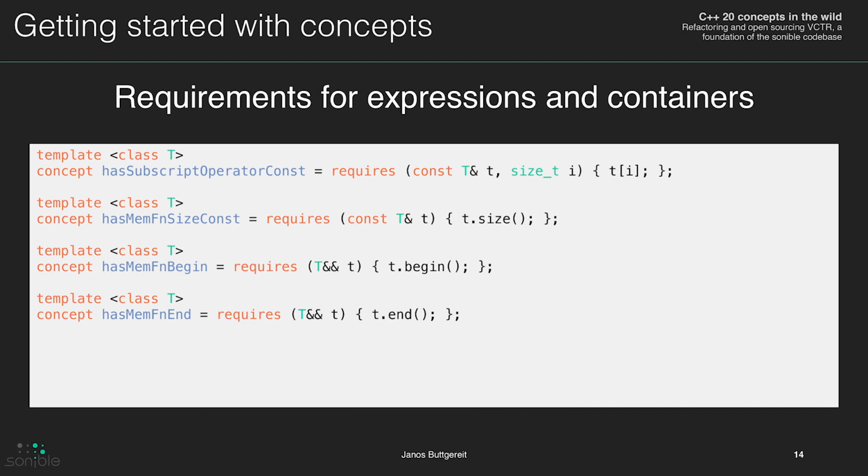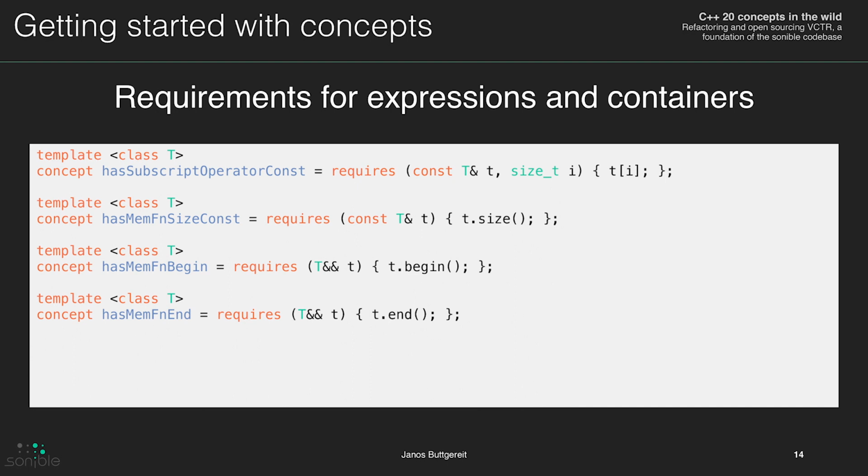This is not code that is executed at any time. It is just a constraint that in this function body we should have code that is valid C++. So if T wouldn't have this subscript operator or wouldn't work on a const reference, this would not compile and the concept would fail. In case this is not the case, the concept will be true.